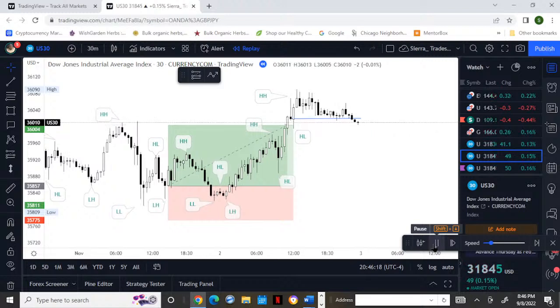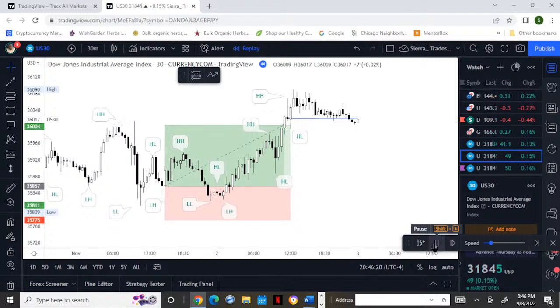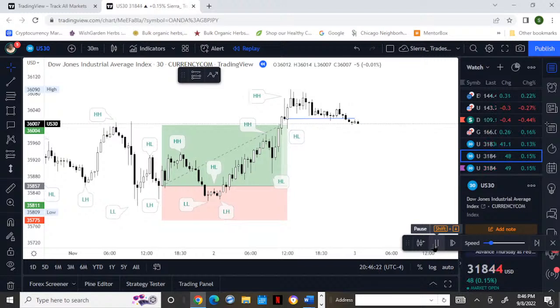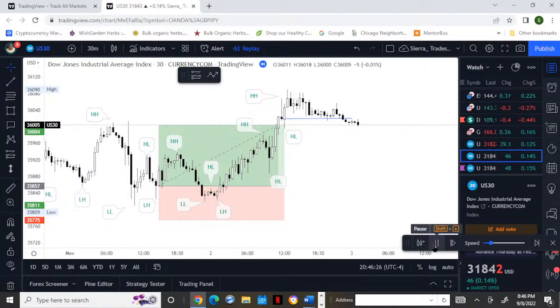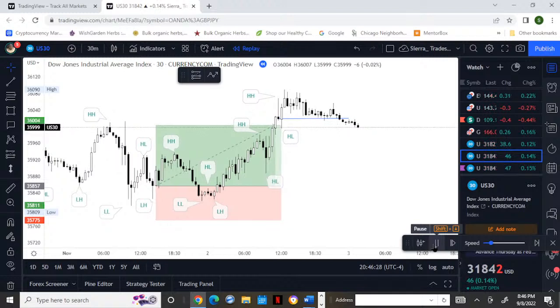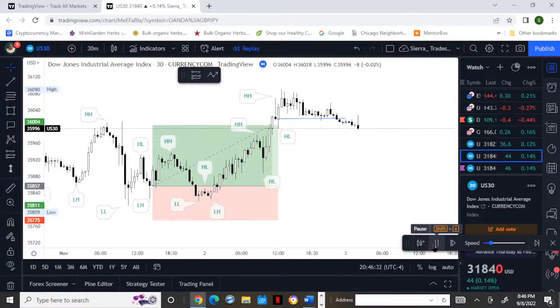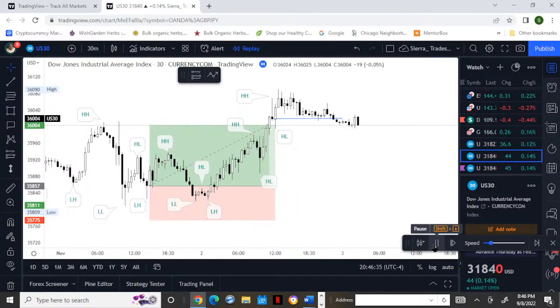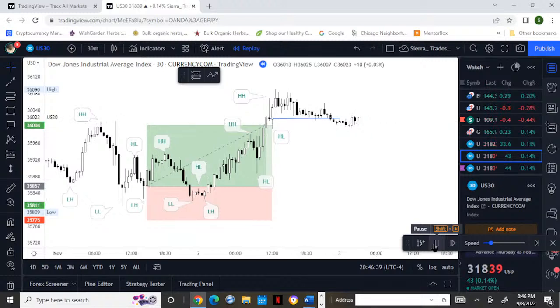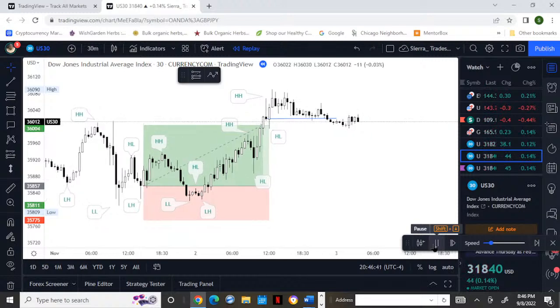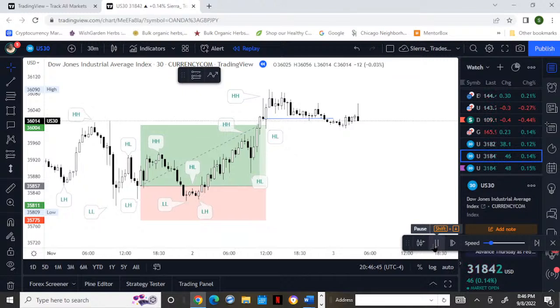These candles so tiny. All right, so is this just a pullback?